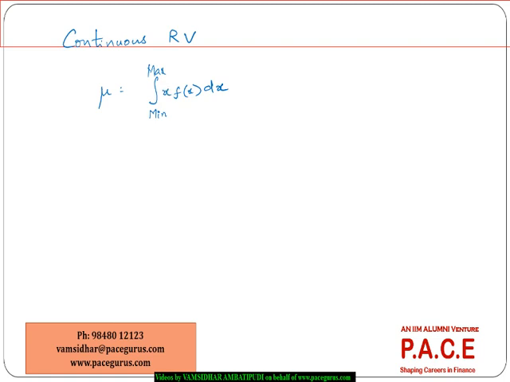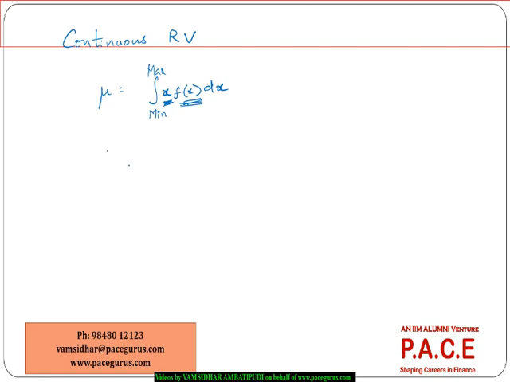But if I multiply it with x, meaning the value multiplied by its corresponding probability, that is the mean. So we are integrating the product of the variable and its corresponding probability density function. It's as good as calculating the mean of a discrete random variable: multiply the variable value with its corresponding probability. If I do this, I'm going to get the mean of the continuous random variable.